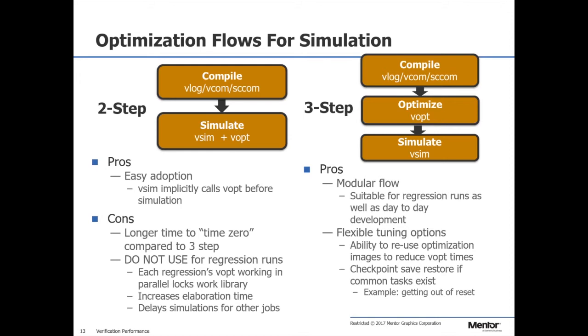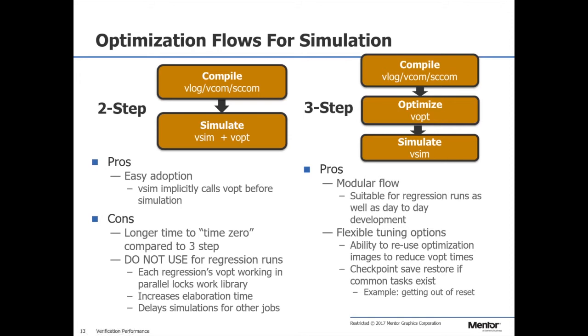If you do the two-step flow, if you just compile your code and then launch a simulation, this vopt happens at the beginning of that simulation step. And you'll see this little line of code. The first line in your transcript will be "design is being optimized." If you're not seeing that, then that means you may have vopt turned off, which will slow your simulation even more.